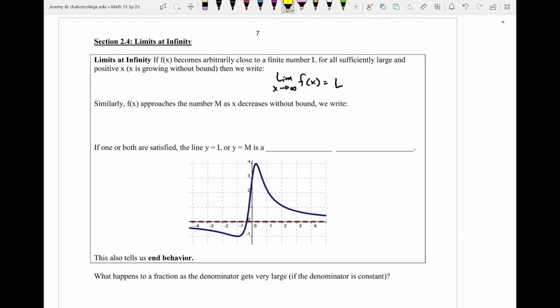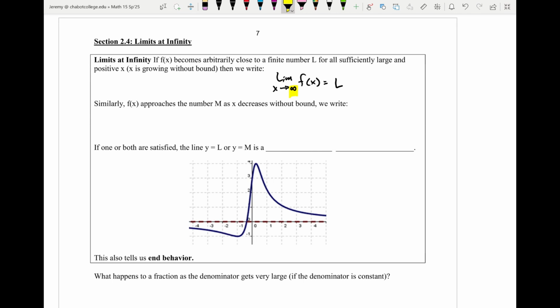Okay, so this sentence is very mathy and wordy and kind of confusing. Since we're becoming more familiar with this limit notation and the concept of limits and what it means, I feel like this is the easiest way to communicate what a limit at infinity is. We're letting x become very, very large in the positive direction and seeing what happens to the output values of the function, right?